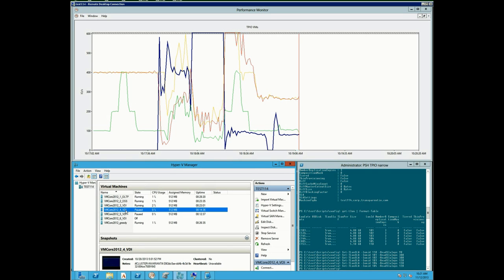Now we're going to start the second VDI workload, which we've given about 120 IOPS, so we'll resume that VM. We'll see the line come in there. And we'll see that it starts to level out near 120 IOPS.